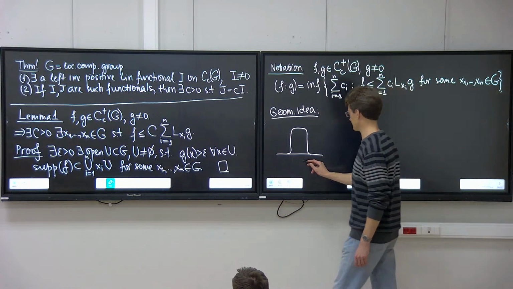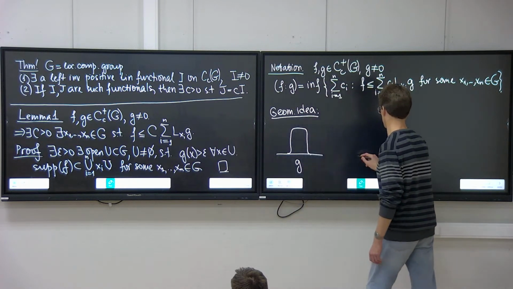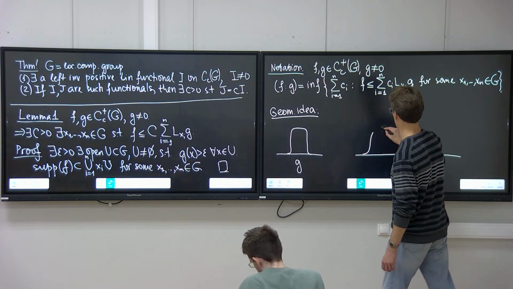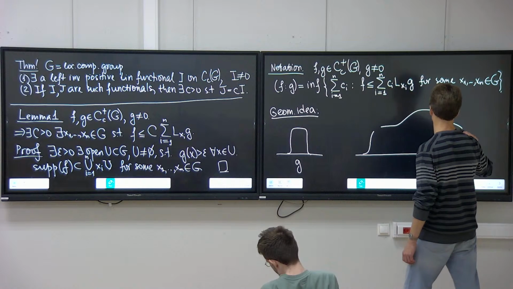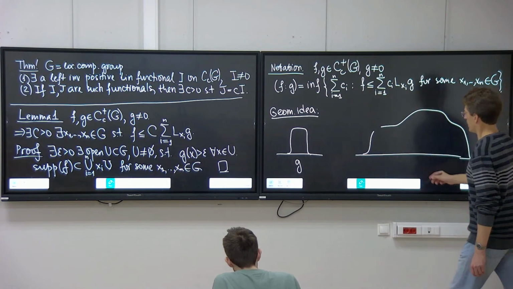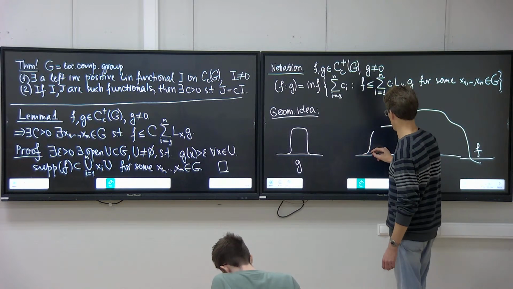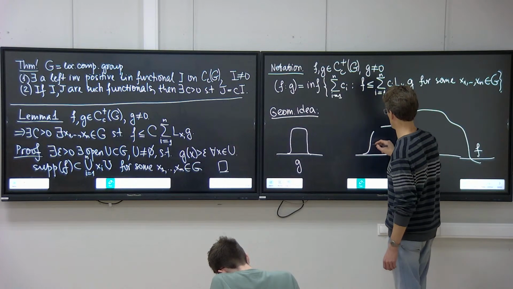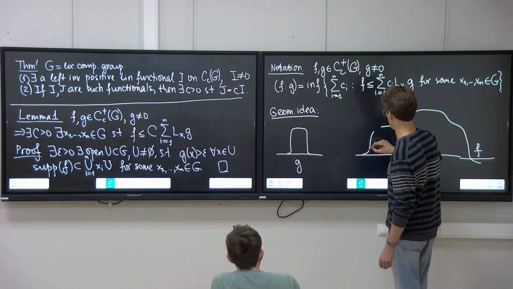This is g. And this is f. So let's draw finitely many translates of g multiplied by suitable numbers.